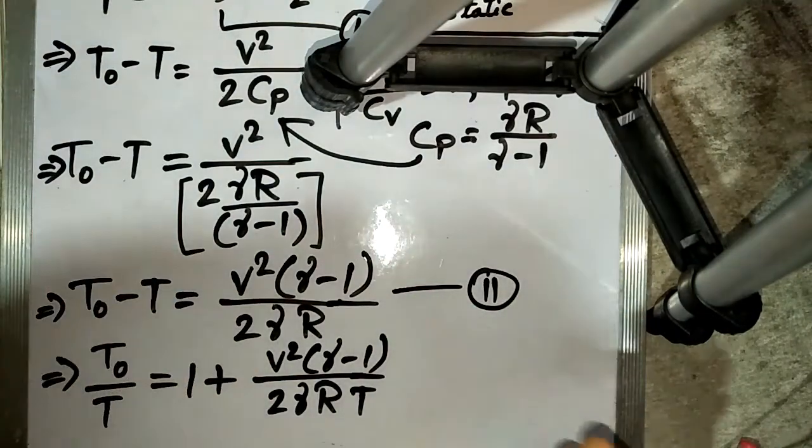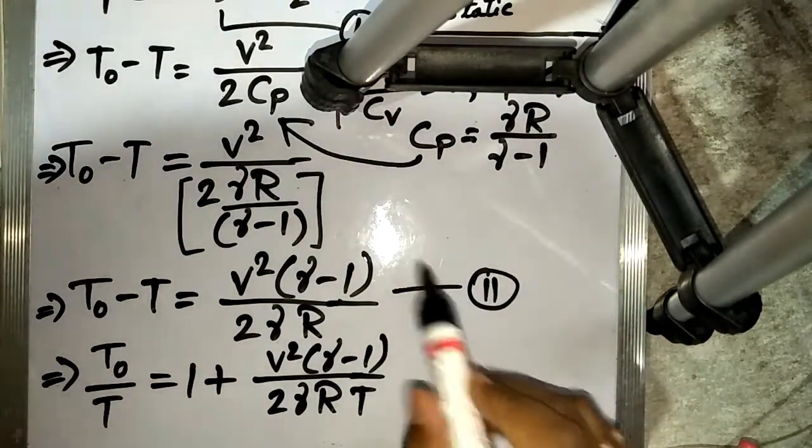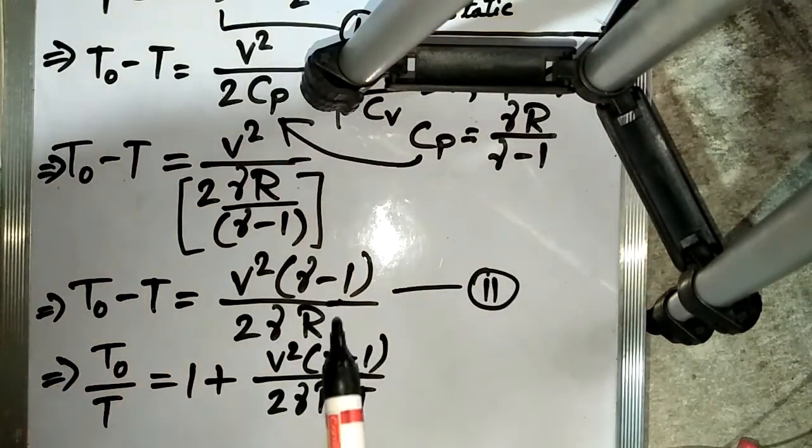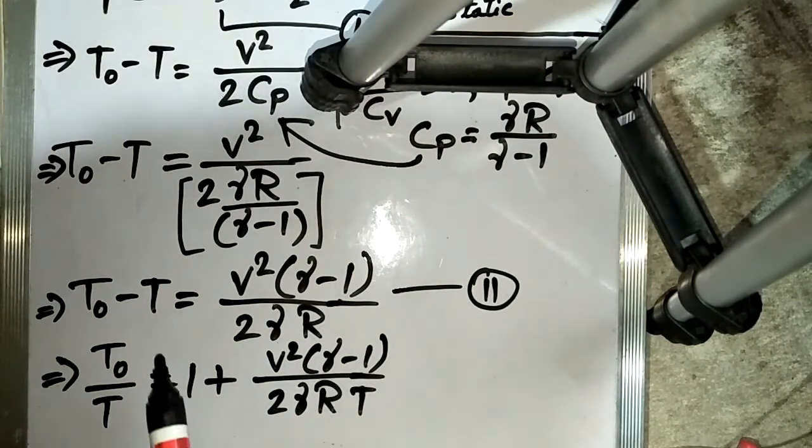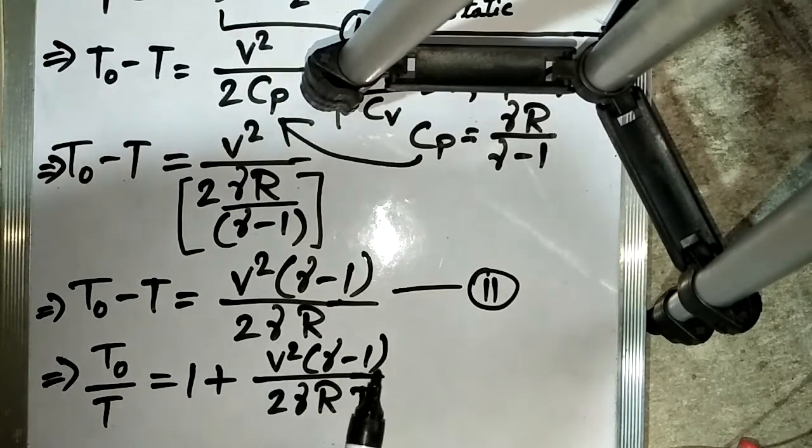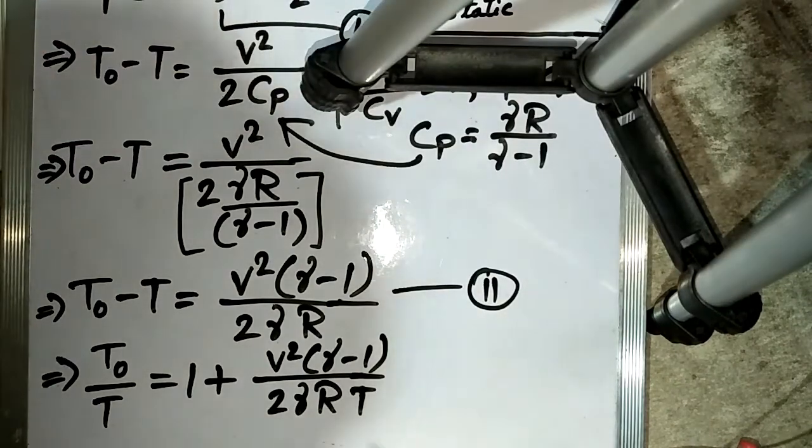From this equation number 2 we can rearrange: T0 by T equals 1 plus V square into gamma minus 1 by 2 into gamma RT.